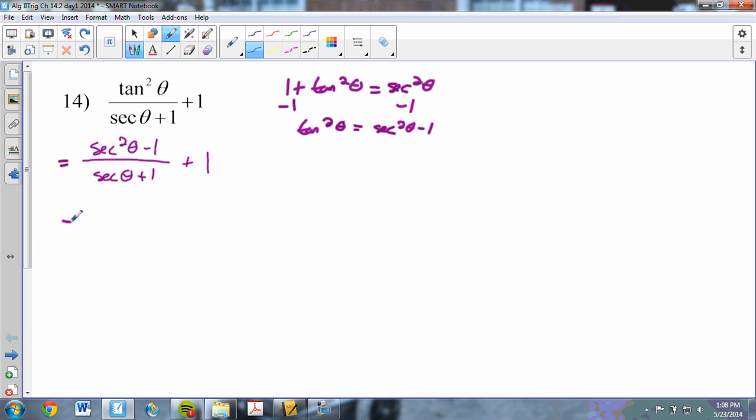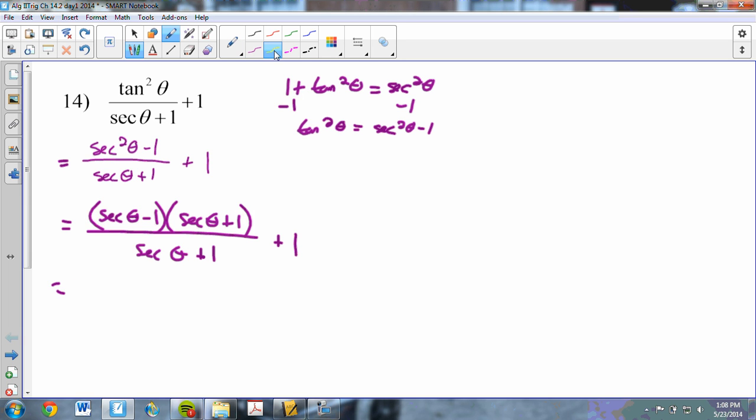This secant squared theta minus 1 can factor to become secant theta minus 1 times secant theta plus 1. Like this. Then my secant theta plus 1s cancel. This is equal to secant theta minus 1 plus 1, which is secant theta.